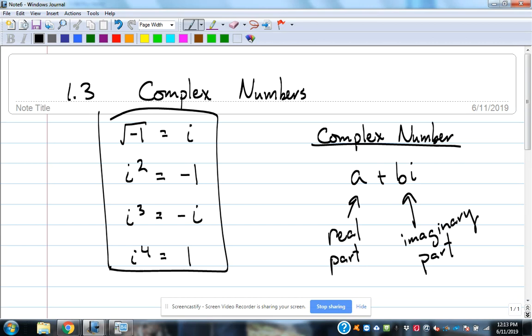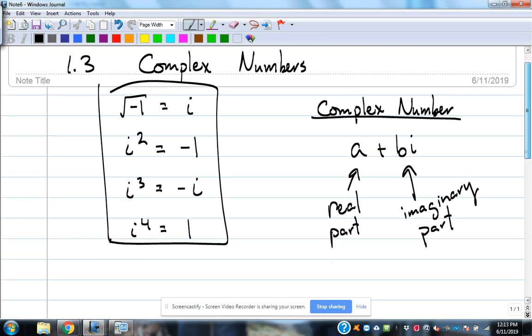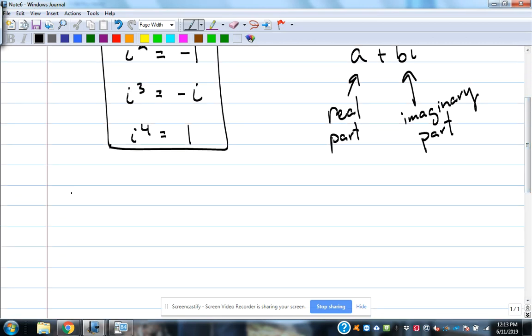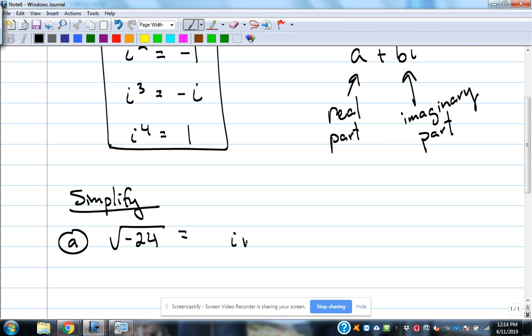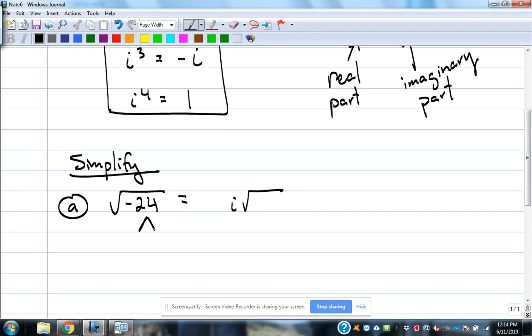So let's talk about simplifying some square roots where the imaginary part comes involved. So simplify, we'll start with that. Same idea as before. We've got the negative underneath there, so we know automatically that there's an i that's going to come out. And then we're going to break down the number just like we did before with the factor tree. 24, I could do 2 times 12, 6 times 2, 3 times 2.